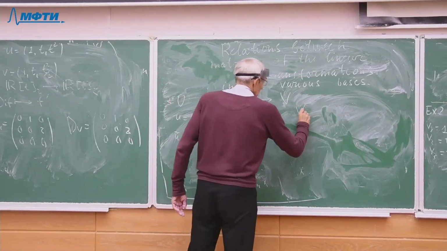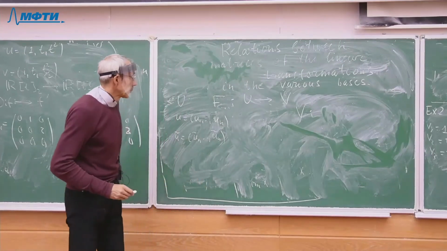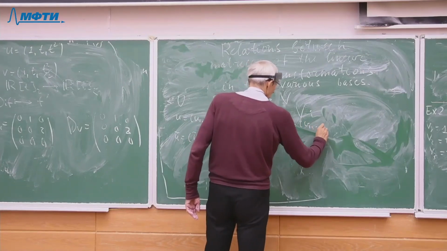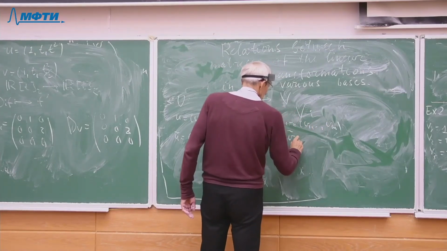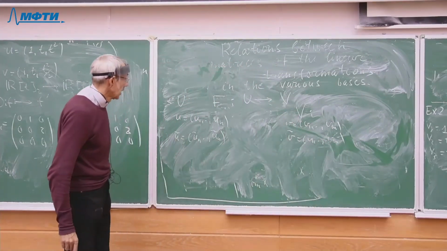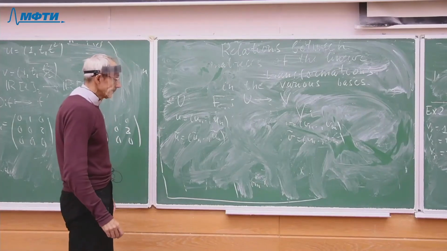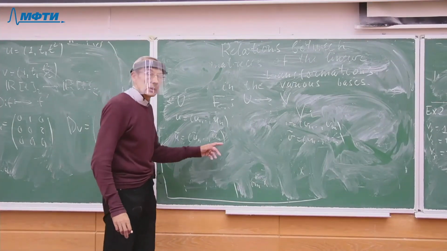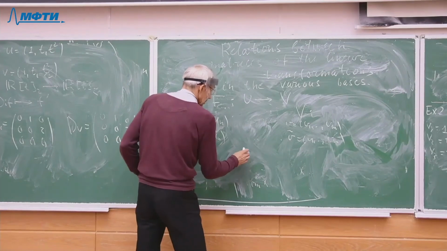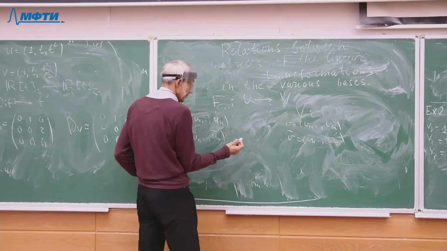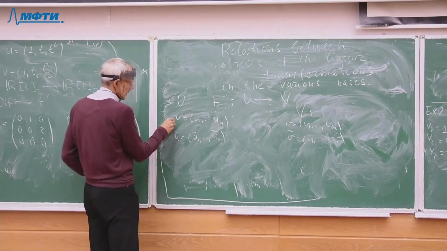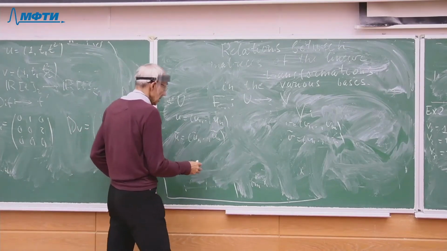In the same way, you can consider two bases in the vector space V: V1, ..., Vm, and V tilde 1, ..., V tilde m. And you can consider the matrix of transformation of the first basis to the new basis.